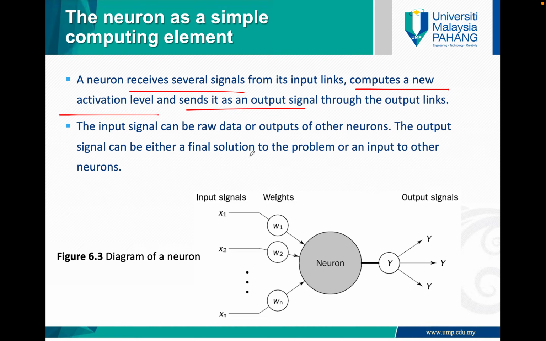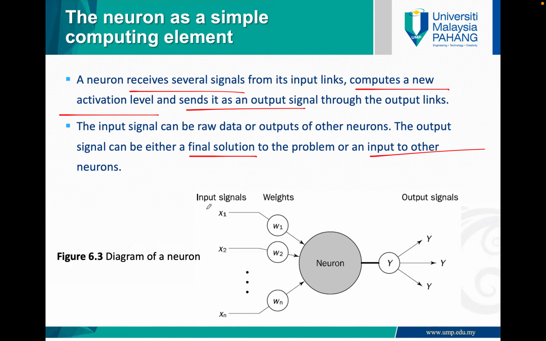This is one neuron, and it can be connected with other neurons also. If the data comes directly from the data set, it's raw data. The output signal can be either the final solution to the problem or an input to other neurons, because these neurons can connect to other neurons, right?